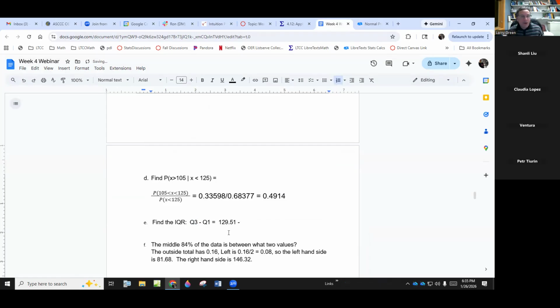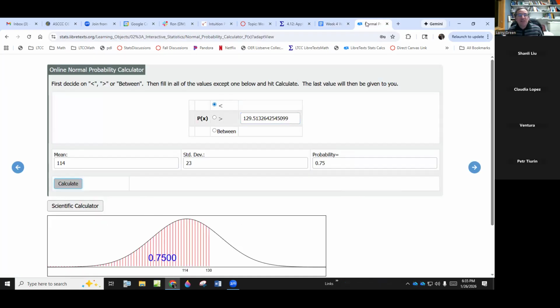And then minus Q1. What changes when I want Q1? Yeah, the probability is now not 0.75, it's 0.25. And again, we don't know the value, so I'm going to erase that. And I hit calculate. And you get 98.4867.